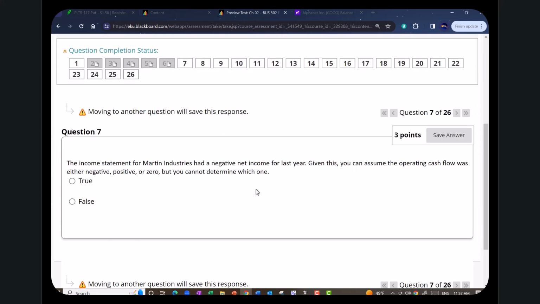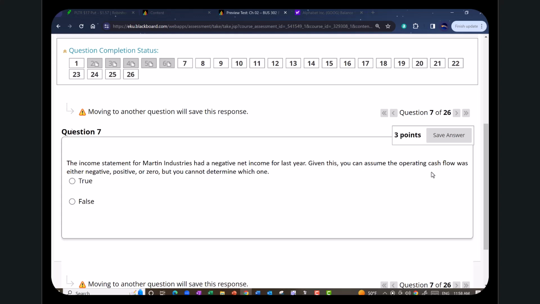The income statement for blah blah had negative net income for last year. Given this, you can assume that operating cash flow was either negative, positive, or zero, but you cannot determine which one. True or false? You lost money as far as accountants are concerned. This basically says that's not enough information to figure out whether or not operating cash flow was of any sign.